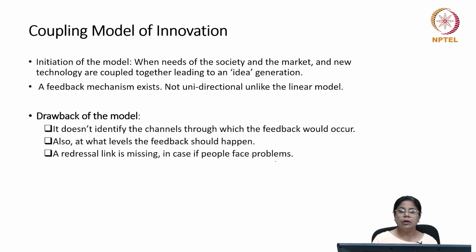Hence, the model, though a step ahead of the earlier model in terms of introducing a bidirectional or feedback mechanism, leaves certain gaps. Those gaps are effectively that you do not know what the channels of that feedback are.